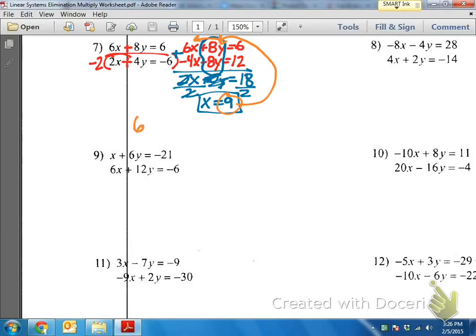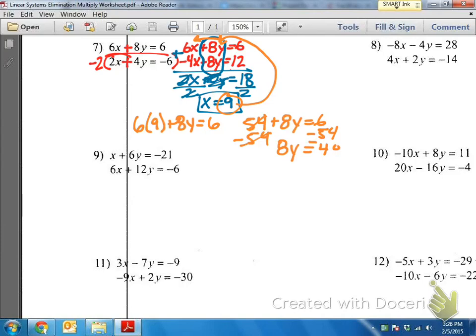So 6 times 9 plus 8y equals 6. 6 times 9 is 54, plus 8y equals 6. Subtract 54. 8y equals negative 48.